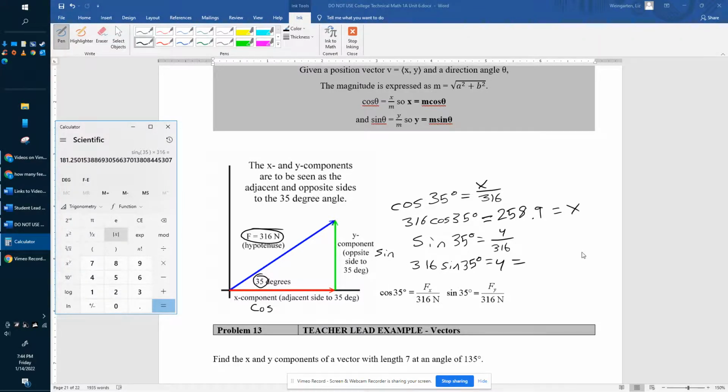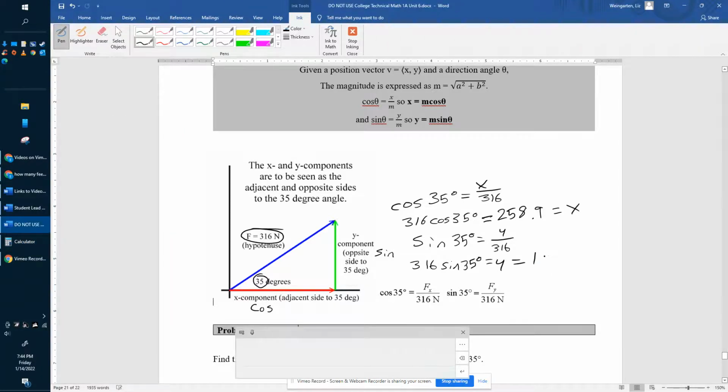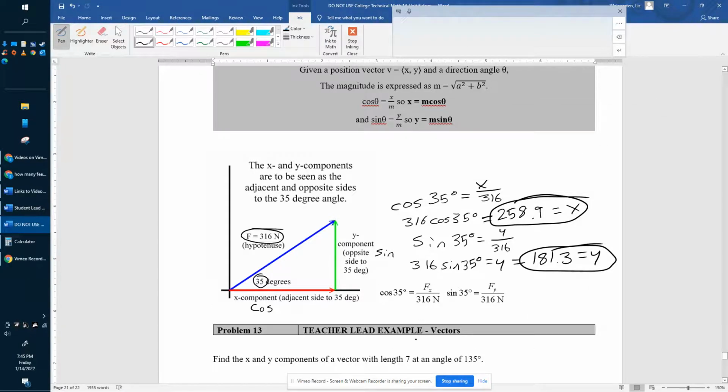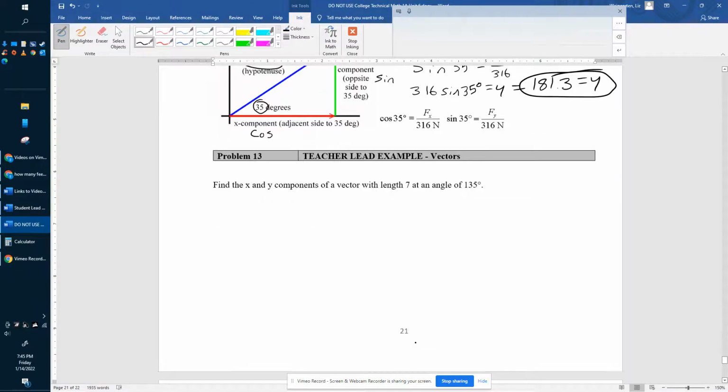Well, let's call it 181.3. So those are our x and y components. So essentially, we're just using trigonometry, hence the reason vectors are in trig, to find our x and y components.